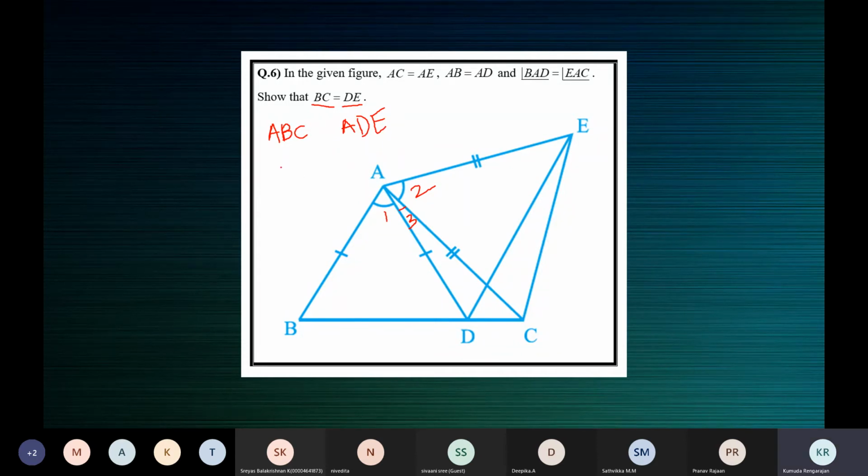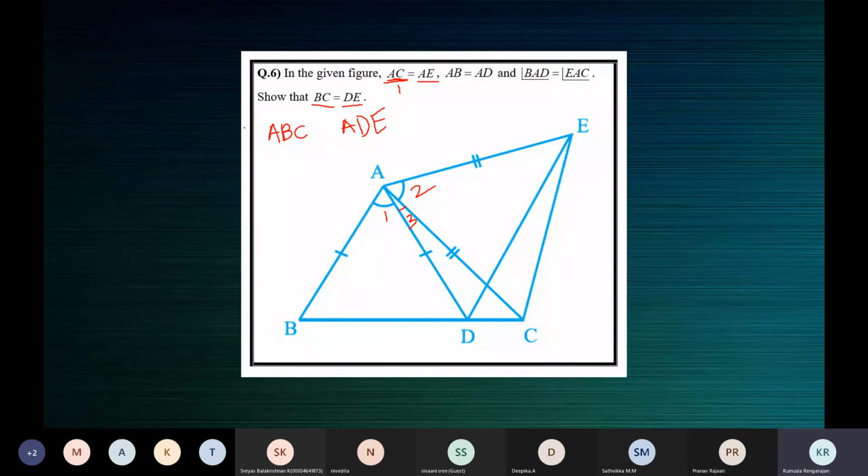So now what do you know in these two triangles? AC is the side of which triangle? ABC. Is AE a part of the second triangle? ADE, ma'am. So you can write this equality. AC of the first triangle is equal to AE of the second triangle, correct? Yes, ma'am.